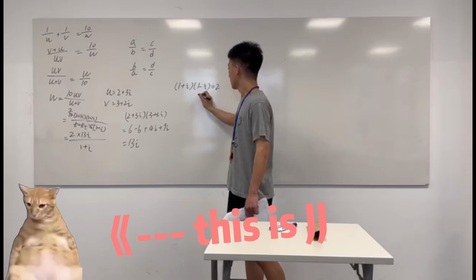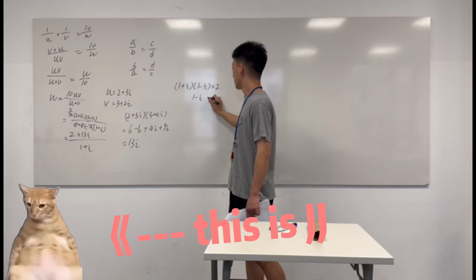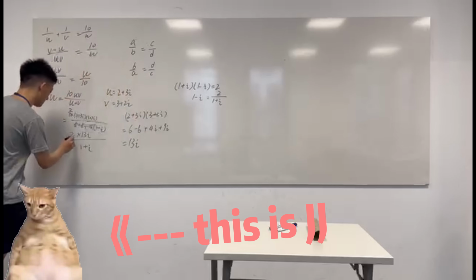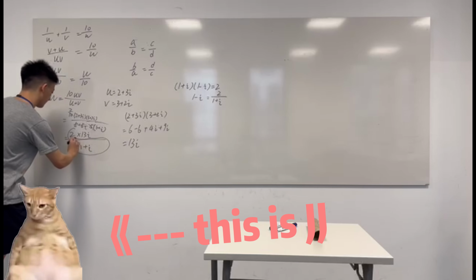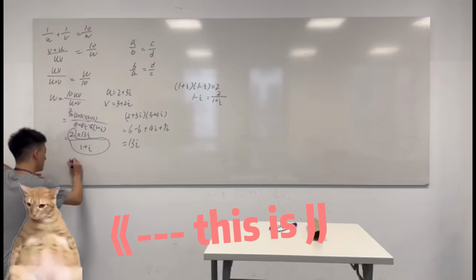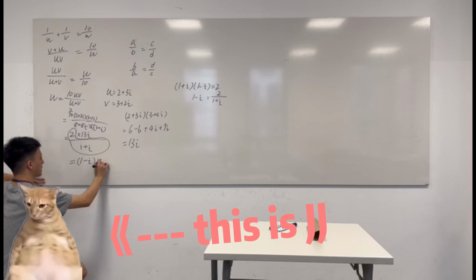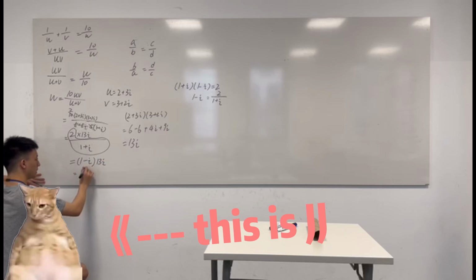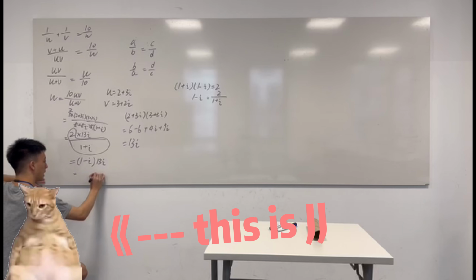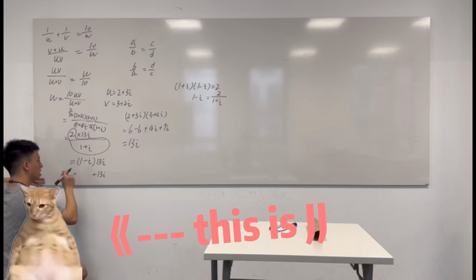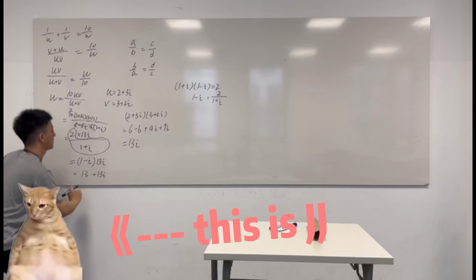So it means 1 minus i is equal to 2 over 1 plus i. Therefore, we know that the stuff here is 1 minus i. Then w is equal to 1 minus i times 13i, which is 1 times 13i is 13i. Negative i times 13i is negative 13i squared, which is 13. So the answer is 13 plus 13i.